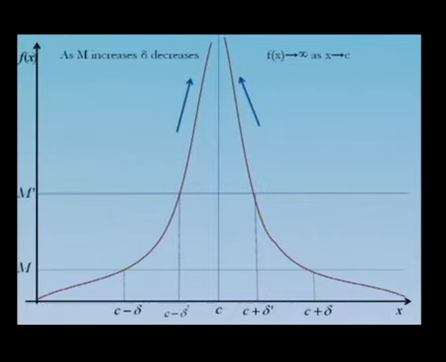And if we take larger and larger values of m, we get smaller and smaller values of delta. So it means that when m is getting larger and delta is getting smaller, so when x is tending to c, f(x) is tending to infinity.